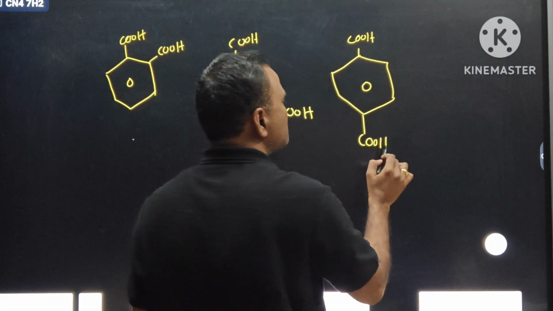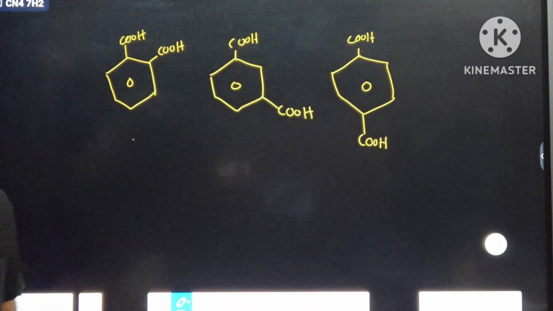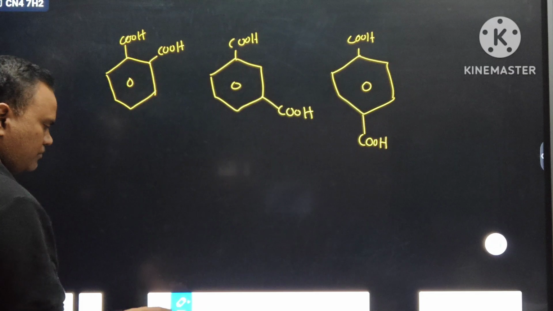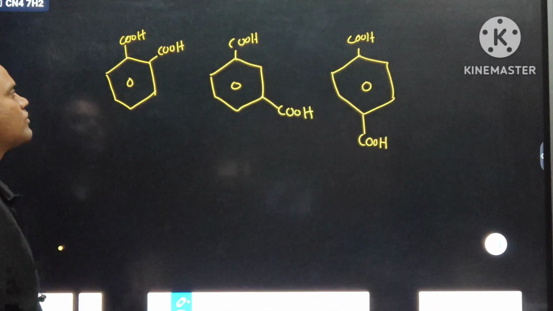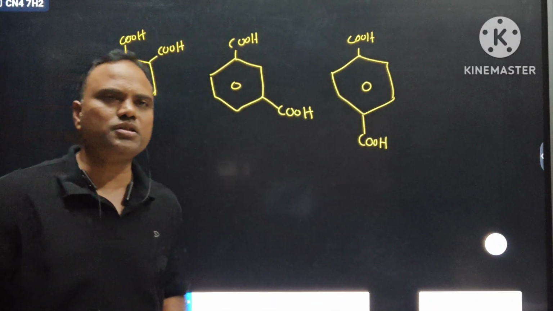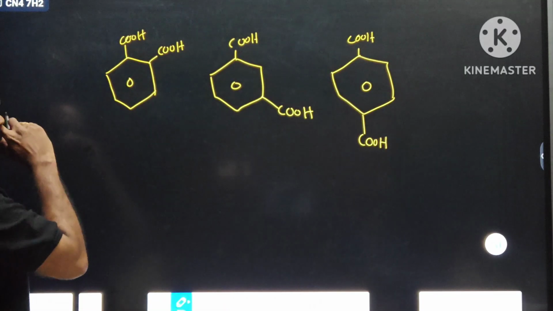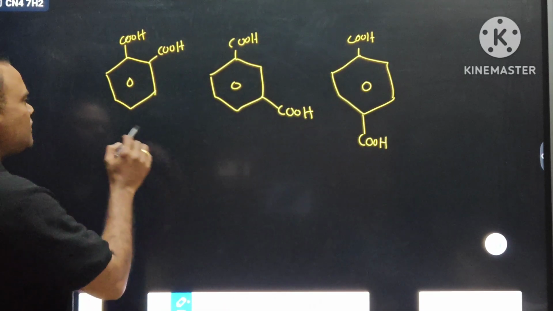In matrix matching type, questions are coming. If two COOH groups are present in adjacent positions, that is called phthalic acid.